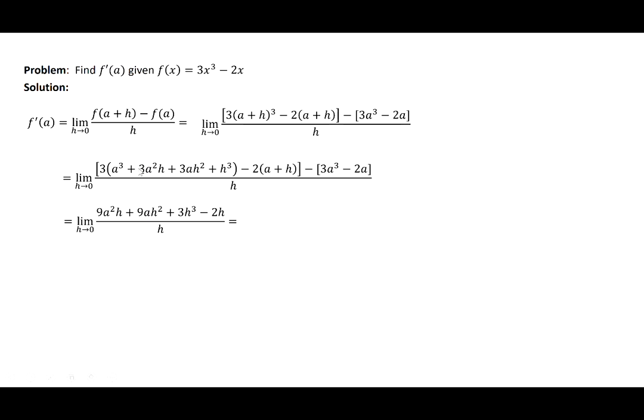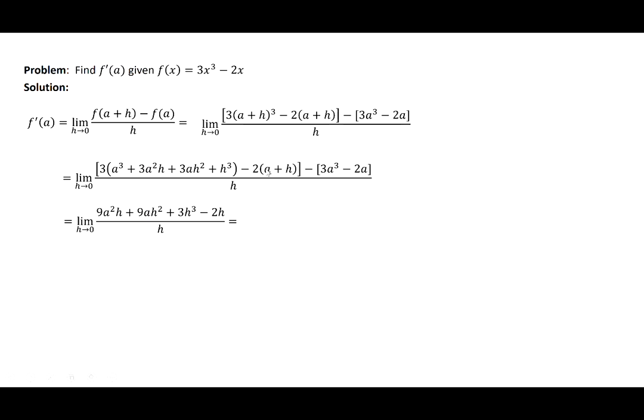And we have a 9a squared h. There is no such thing as another a squared h, so just 9a squared h. 9ah squared, and there are no other ah squared terms, so I just wrote it. And then there's a 3h cubed, which I wrote.